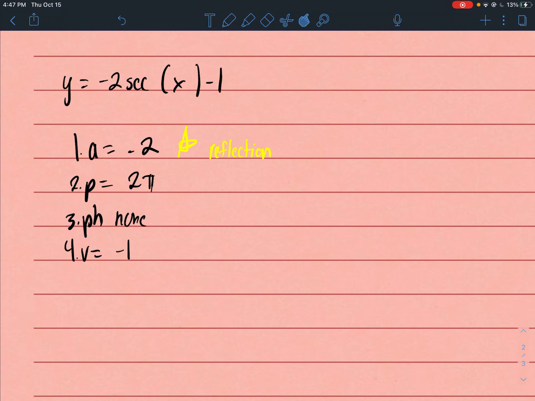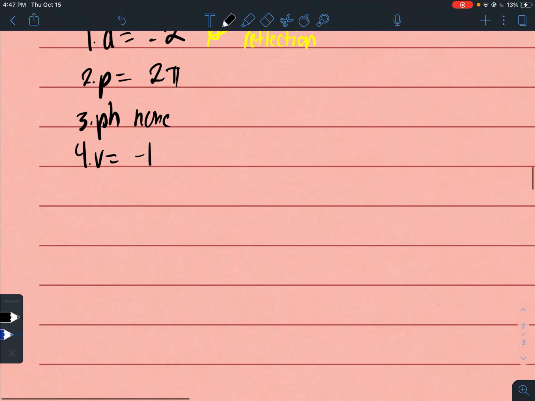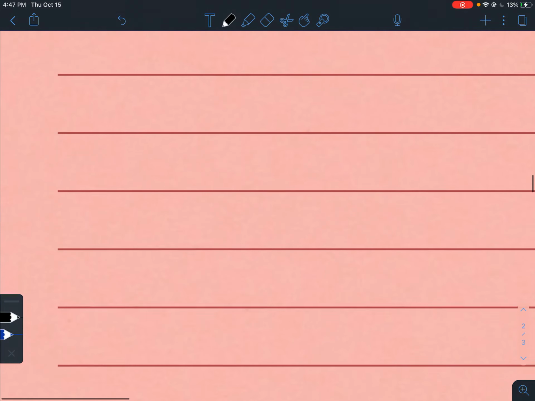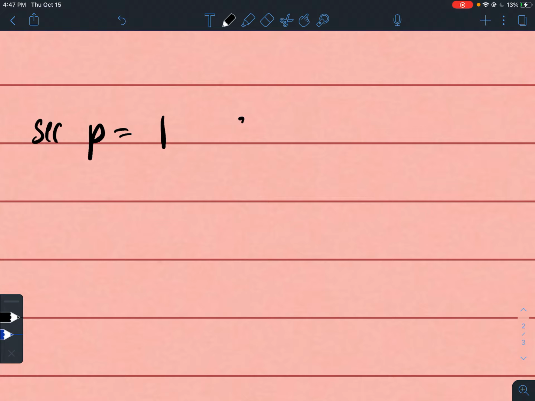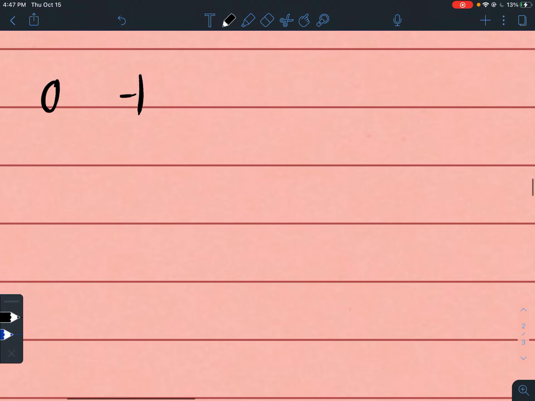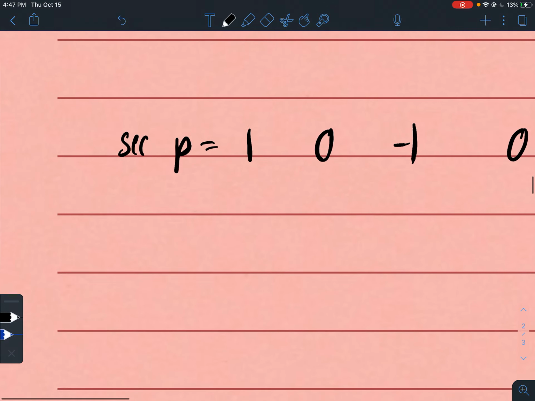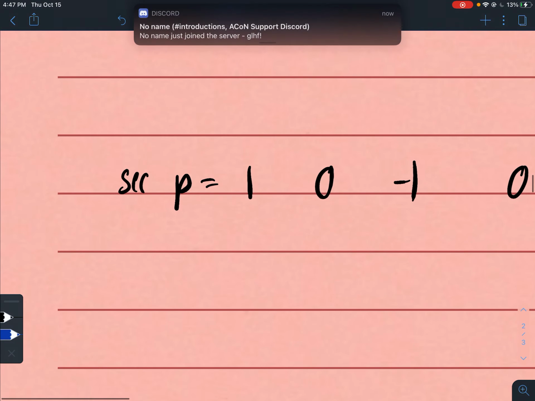Now, just like the other two, the first thing you want to do is to find the secant pattern. And you know that that is 1, 0, -1, 0, 1. And then next, you want to split the period.